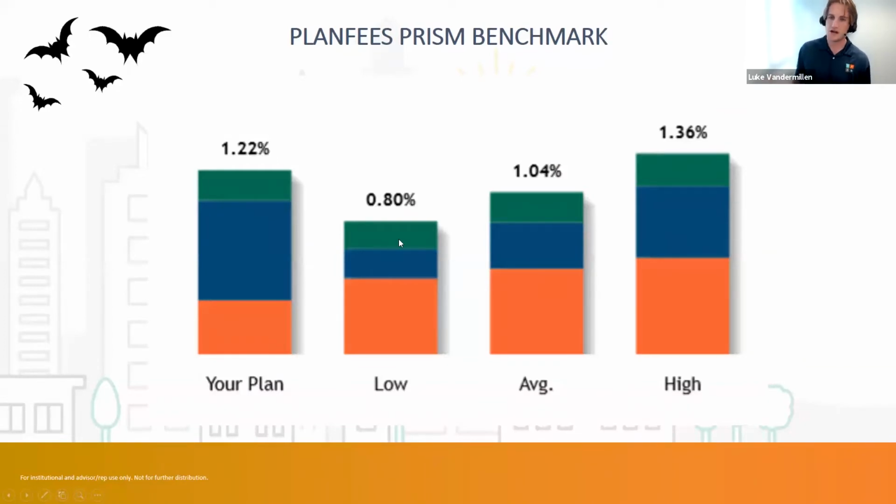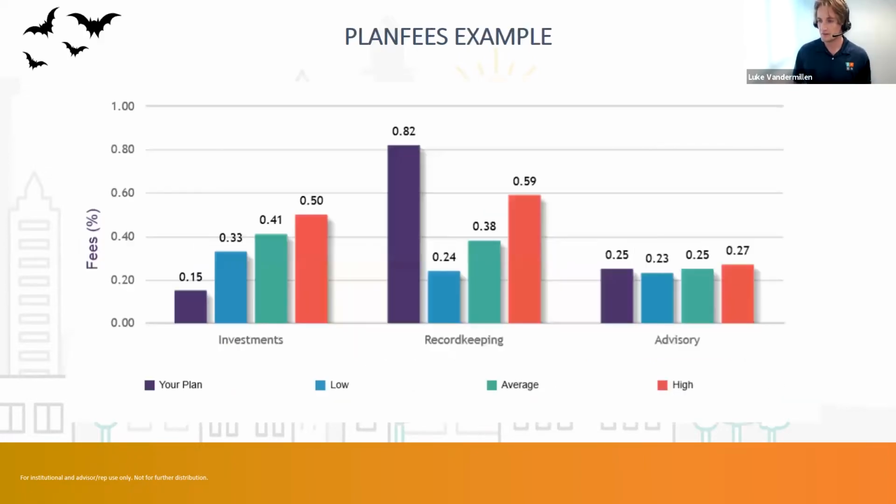So the low is not the bottom basement pricing, and the high is not the highest that it can go. It's really to give you a barometer of what the low end is, what the high end is, and then what's the average of averages. So that's an important piece to know, and you get some nice visuals with the PlanFees report regarding looking at how much of each component makes up the total cost.